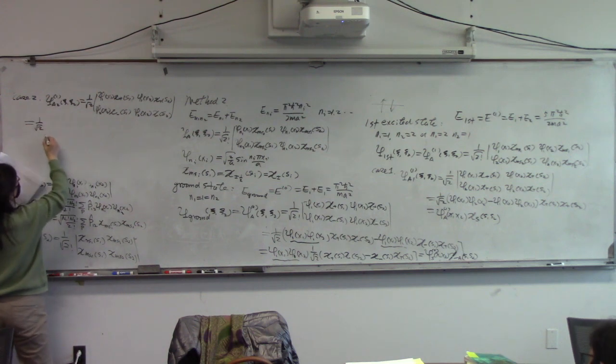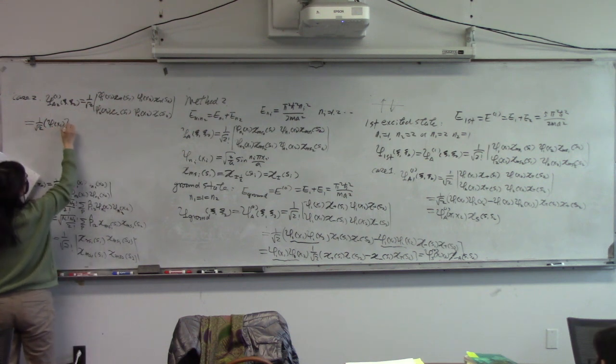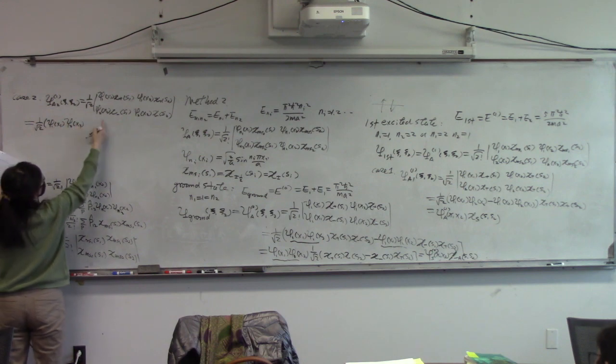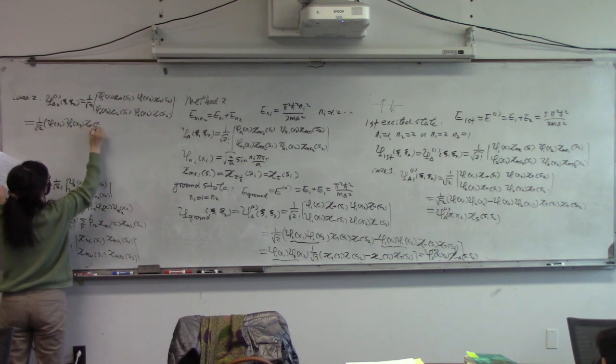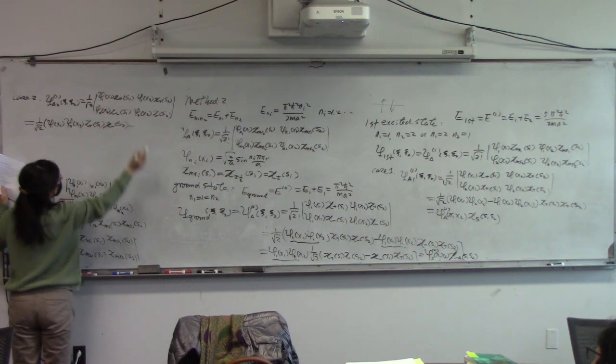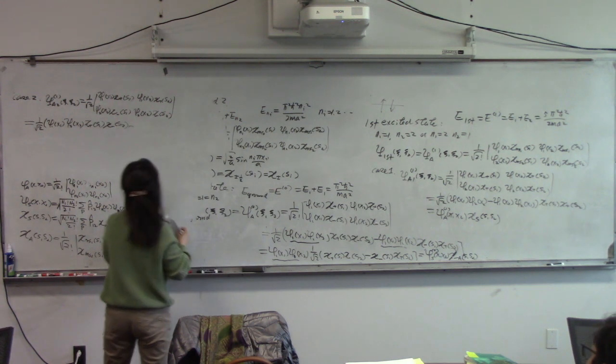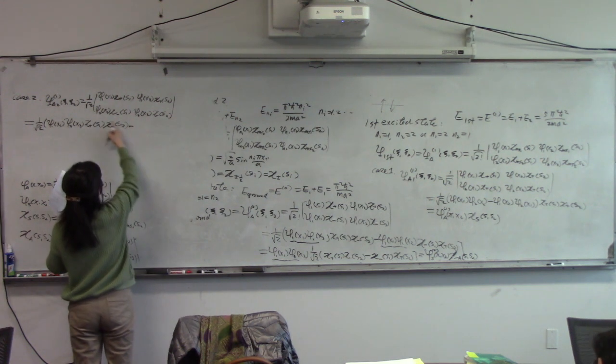Now let's do that. Okay. Here we have this multiplied by this, right? x2 and kappa plus s1 kappa minus s2 minus this one, right?